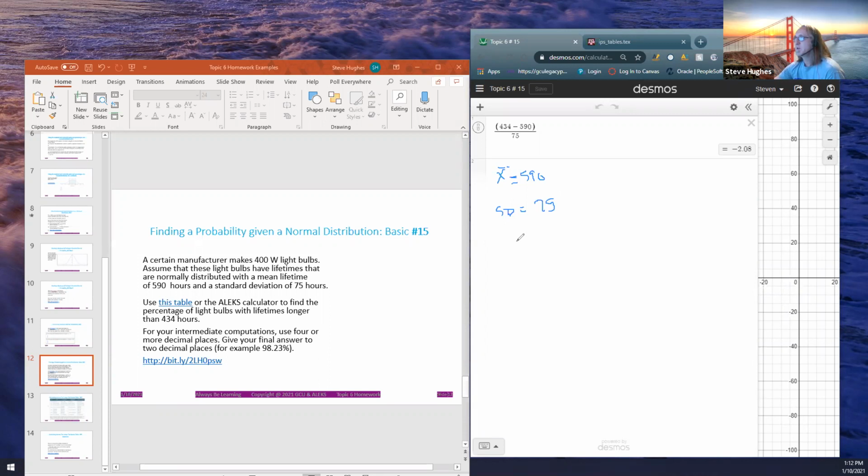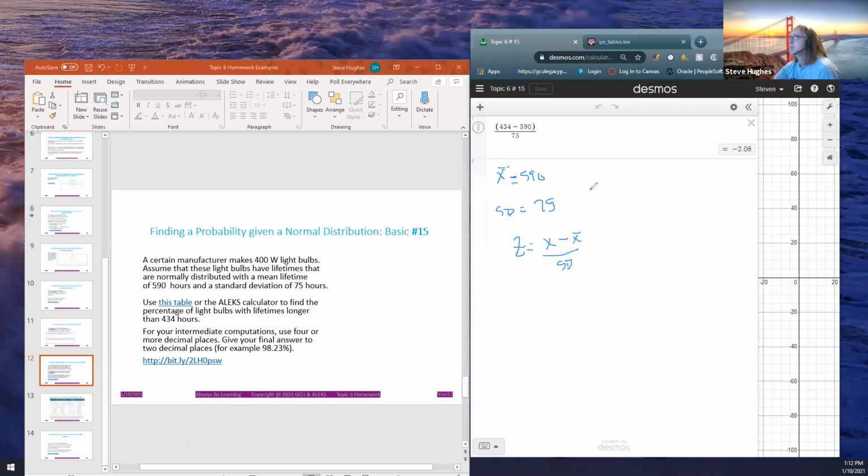Remember what I said a moment ago: Z is equal to X, the data value, minus the mean, divided by the standard deviation. Use the table or the calculator to find the percentage of light bulbs with lifetimes longer than 434 hours.